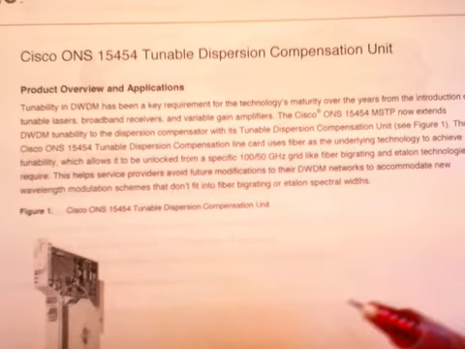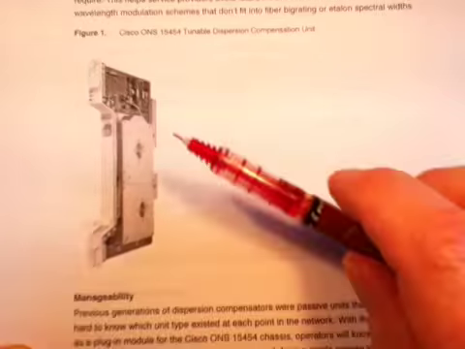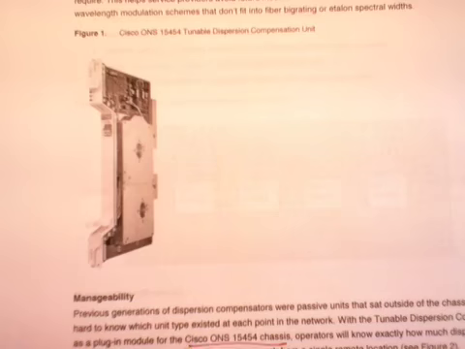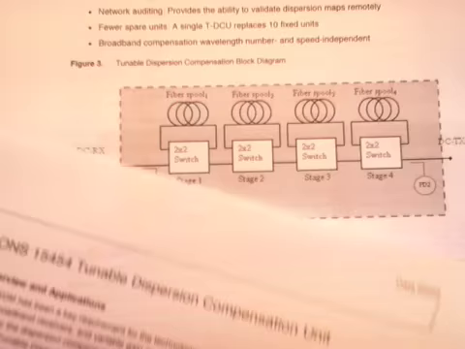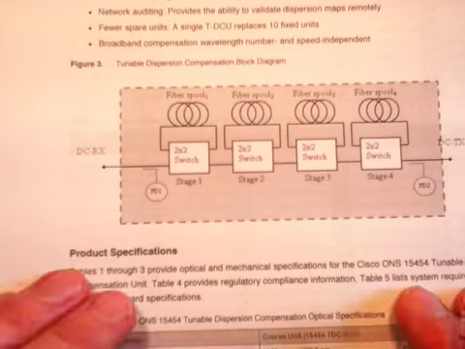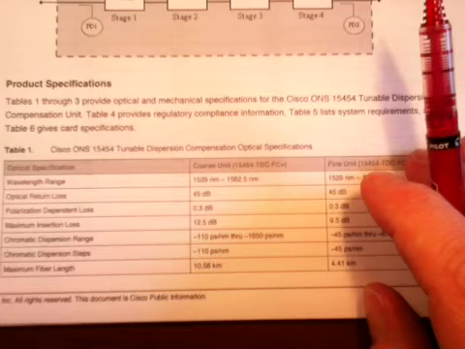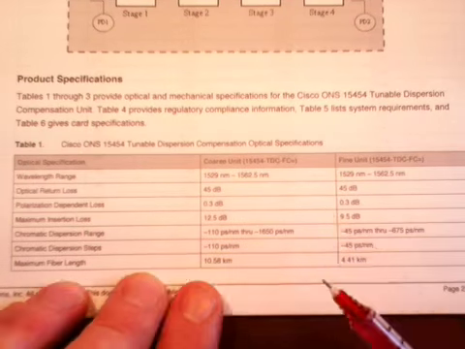This was published in 2010. This shows a picture of one of the DCM modules. It's a single width card for the ONS 15454 chassis.